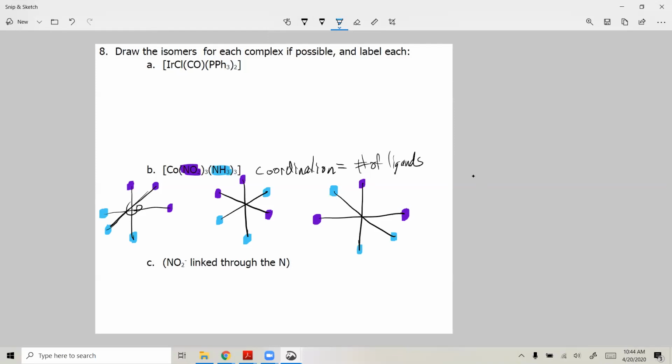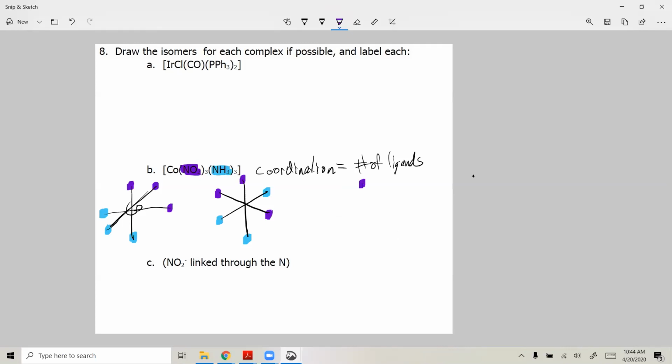This is going to be the bottom, and then if we turn it to the side, this one becomes blue, and then these both go back to purple. Same one. It ends up being the same one. So how many different isomers do we have? 2. Just 2 on this one.